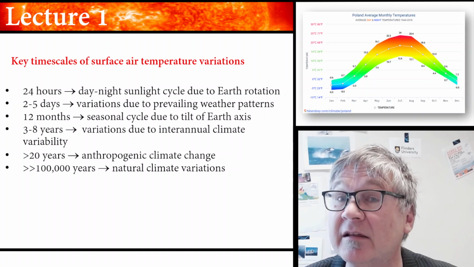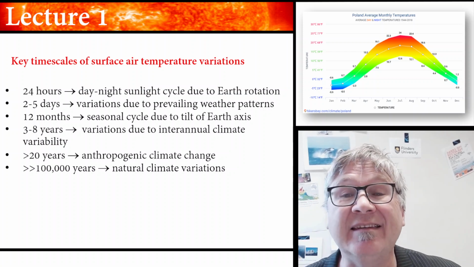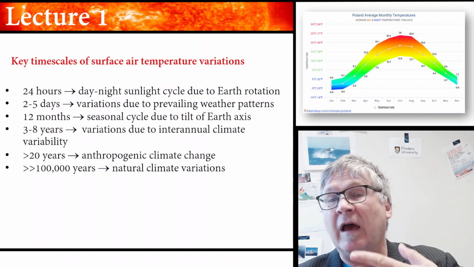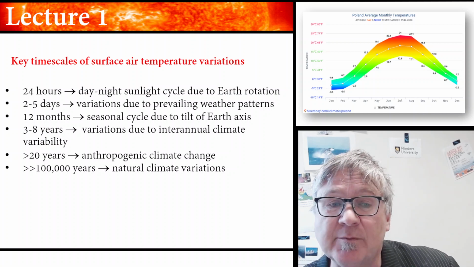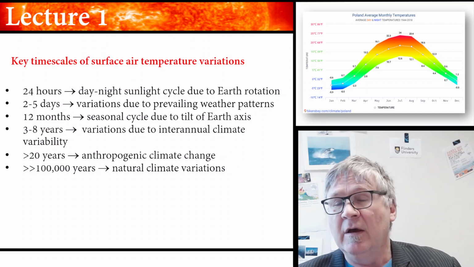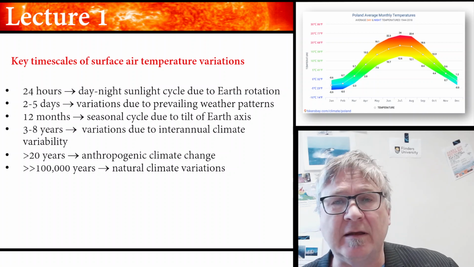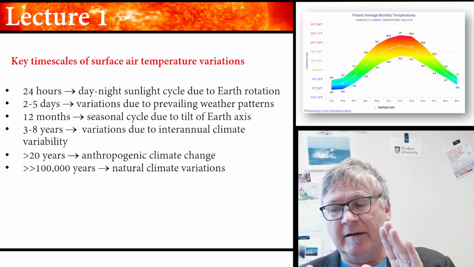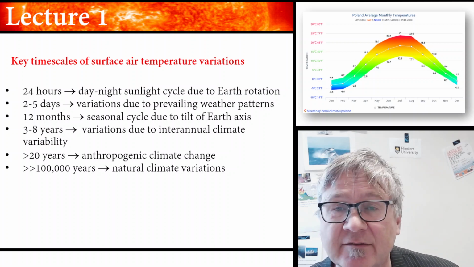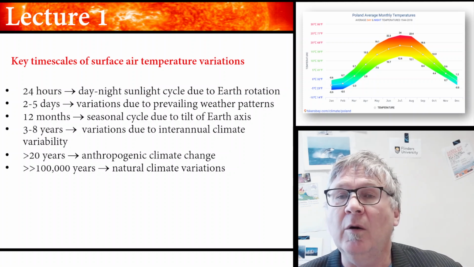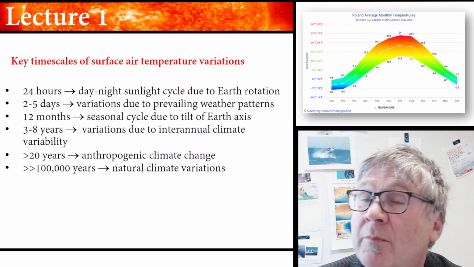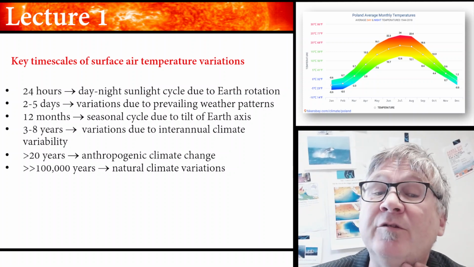And the time scale is 3 to 8 years. This is not how long an event lasts. This is about the typical time span between events. So you have a big El Niño. When do you get the next one? We talk about every 3 to 8 years.